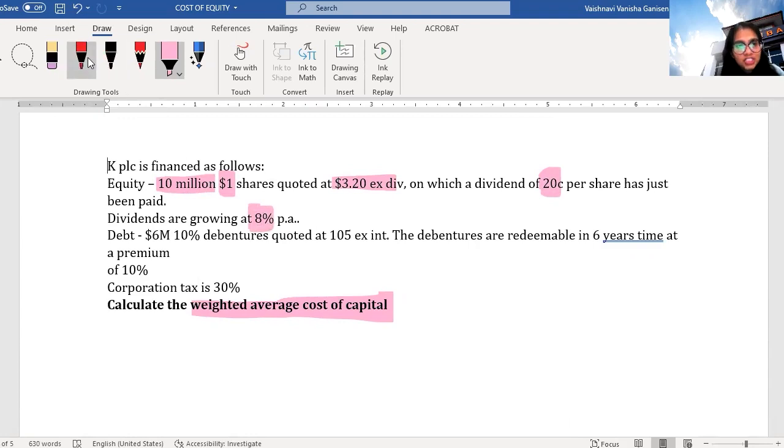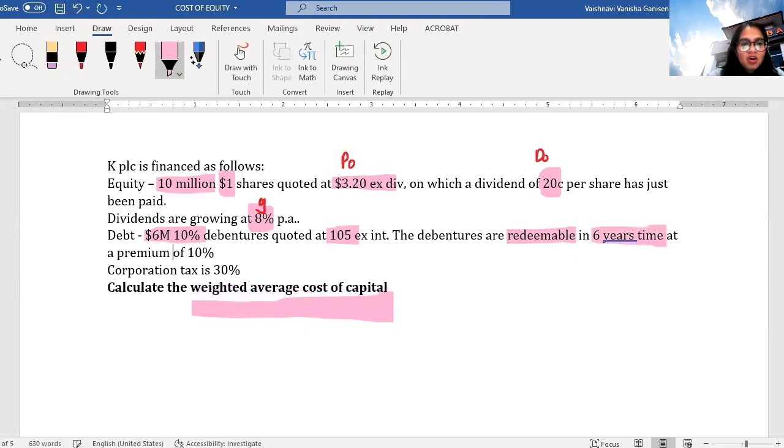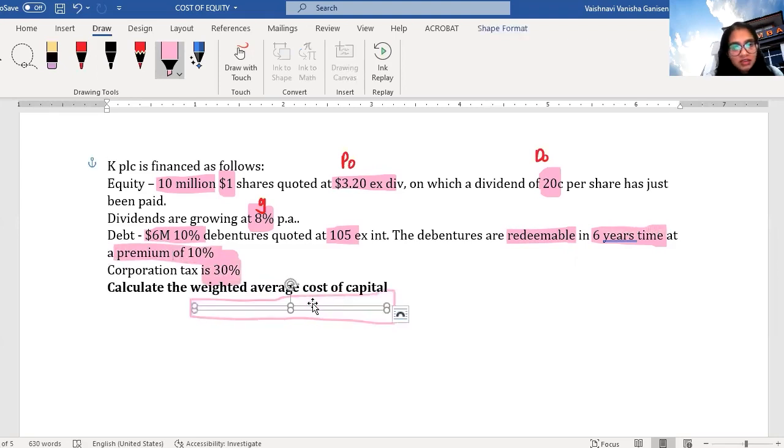Now he gives you G. So this is your P0, D0, G. You have 6 million debt, 10% debentures, priced at 105 ex interest. This is a redeemable bond. It is redeemable in 6 years' time at a premium of 10%. Corporate tax is 30%.